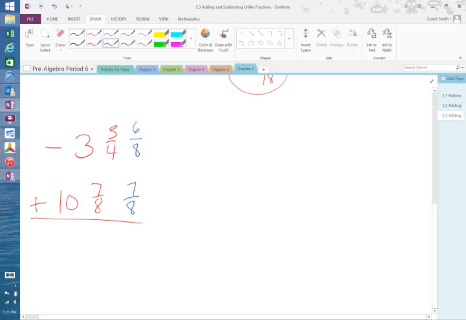Now, the problem that you have is this, and this is where it becomes a little different. You have a negative and a positive, so we've got to take the absolute values and subtract them. So that means I'm going to have 10 and 7/8 minus 3 and 6/8. What's 7 minus 6? 1/8.